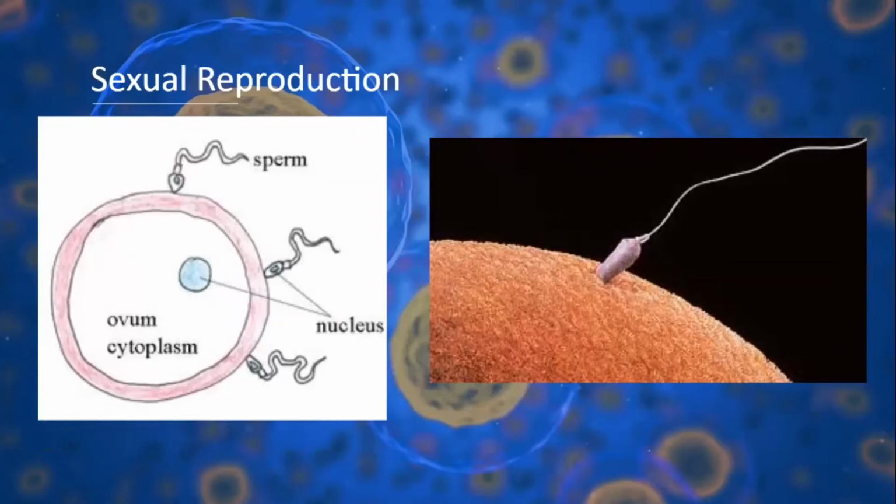Both the nucleus of an egg cell and of a sperm cell only contain half the number of chromosomes that's in a normal body cell, which is 46 chromosomes or 23 pairs. So they are called haploid. This is important as it means that when an egg and sperm nucleus combine at fertilization, the resulting cell will have the right number of chromosomes, which is 23 pairs, or 46 chromosomes.